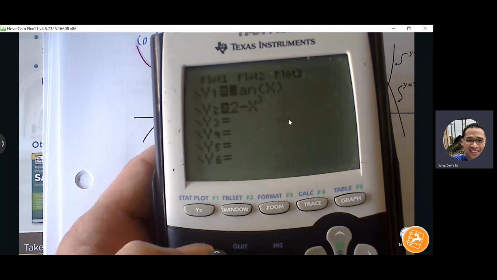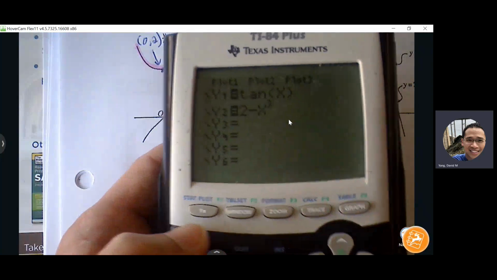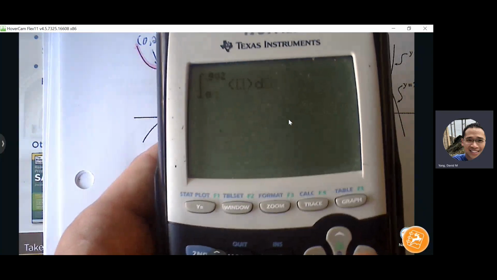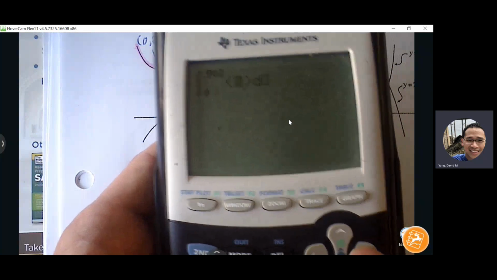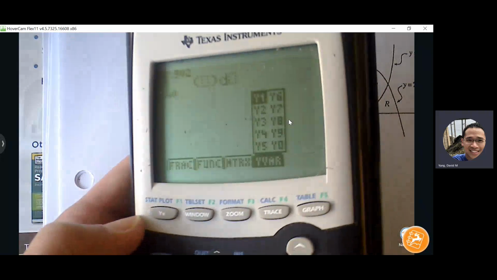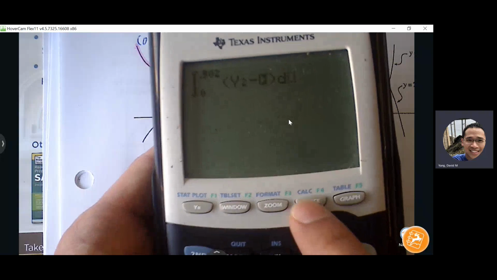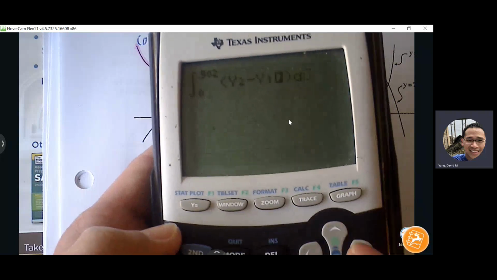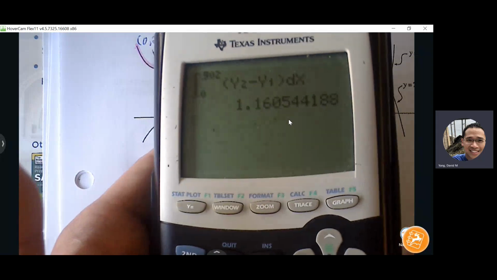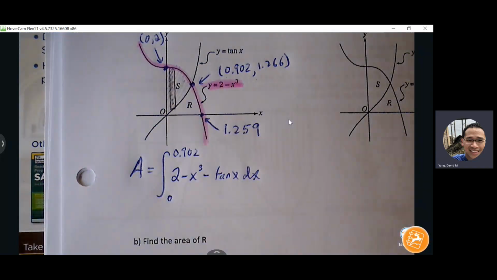It may not be that time efficient with such a small function, but with a larger function, it's good to have this option available. So if I do alpha trace, I can pick y2. That's my top function. Minus, and then alpha trace, pick y1. That's my bottom function. dx. Make the calculator do all the work for us. 1.161 is the area of region S.